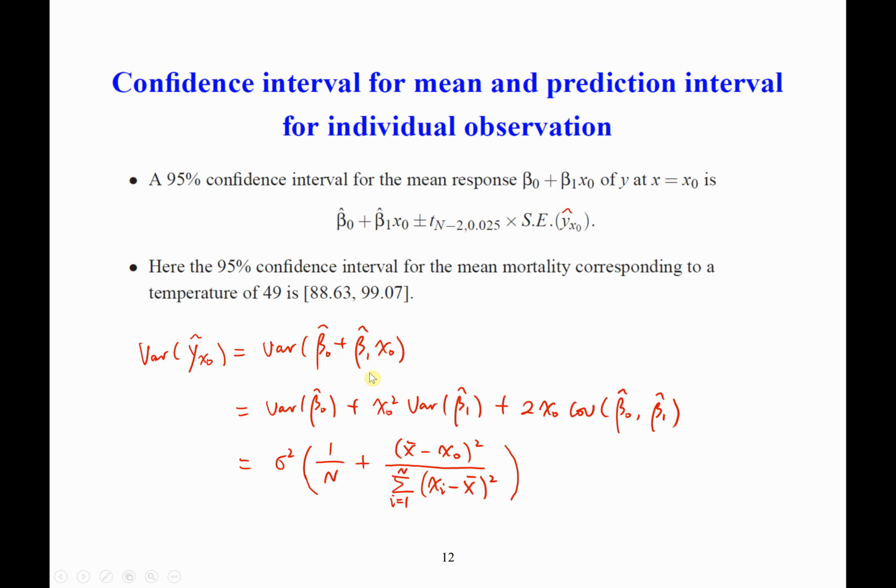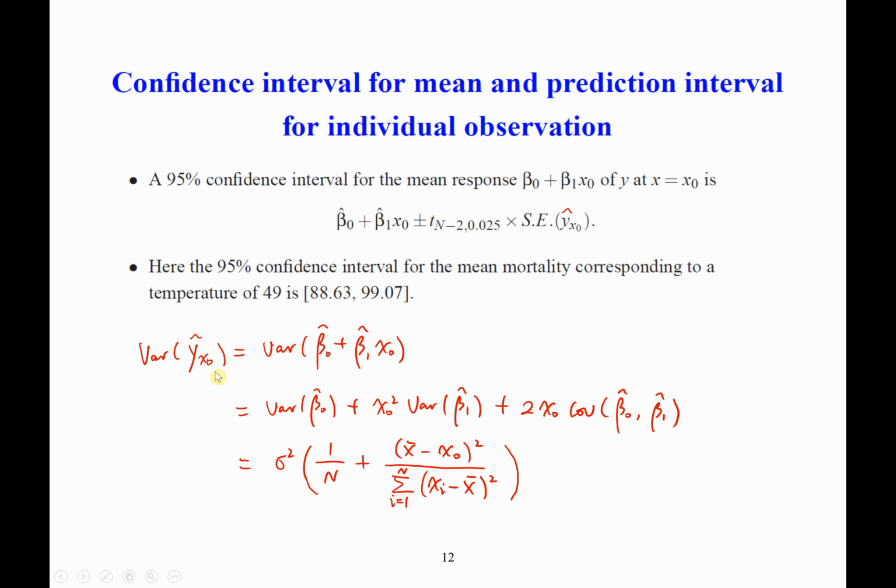So if we solve this equation, we get the variance, which equals the variance of beta 0 hat plus x0 squared times the variance of beta 1 hat plus 2 x0 times the covariance of beta 0 hat and beta 1 hat. And this gives us the equation to get the variance of our prediction.